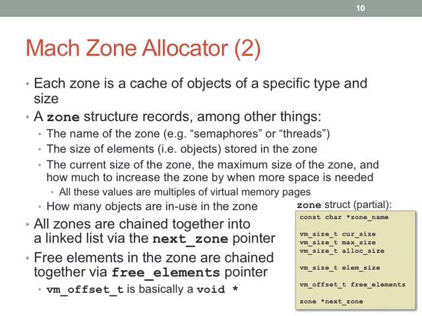Wait, is there a free? Yeah, no, it's free elements. I don't know why I missed that. But free elements is just the first object in this list of available spaces that you would use. So you would just return that pointer, but before you do, you update free elements to point to the next one. So again, that's just a few instructions. And off you go. So allocation is super fast with this approach.